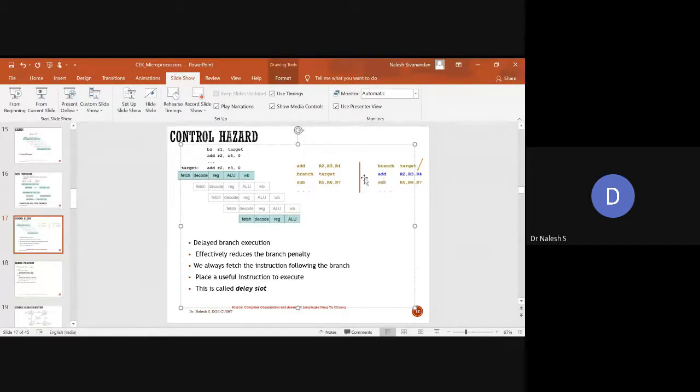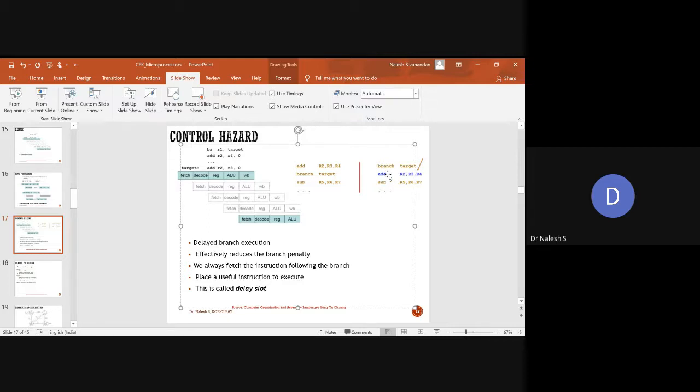And now what happens? We know that add has to be executed irrespective of the branch, whether it is branching to the target or continuing, because add was a previous instruction. So now you first do branch, then you do add. Add can be given immediately because anyway it has to be executed, and only then you wait.